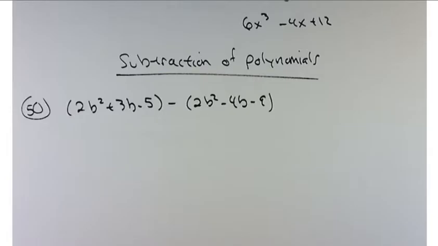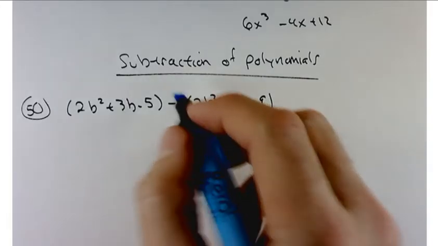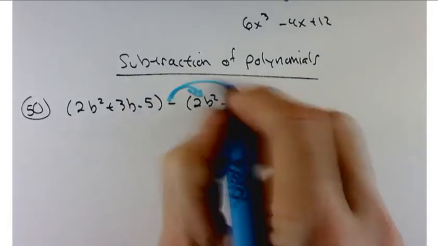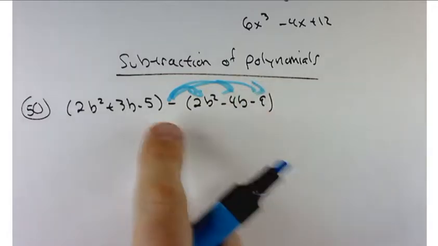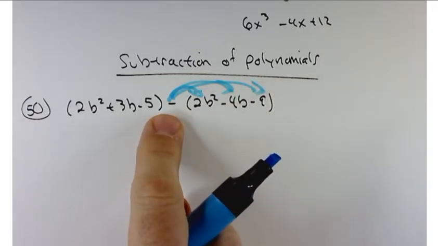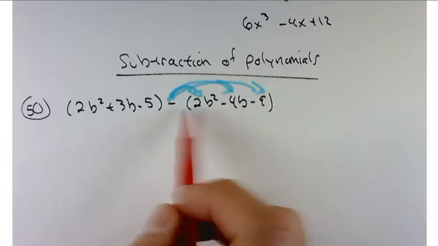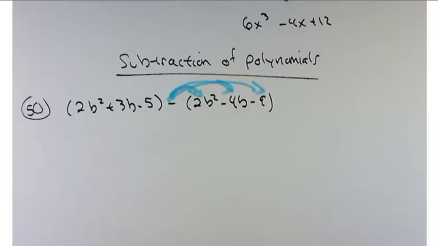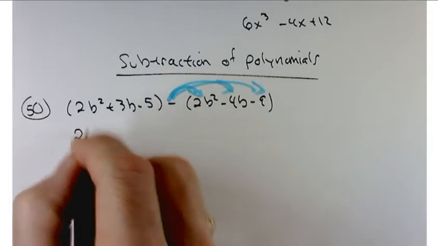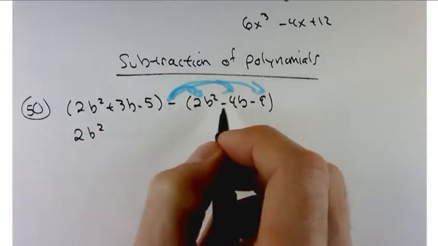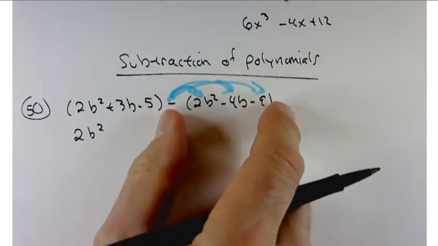The thing about subtraction that I would suggest to you is that the first step would be to just distribute this sign. This is like a negative 1 out in front, so what we're going to do is change all the signs on this term. Yes, sir? Pretty much, yeah. And I'm going to get rid of the parentheses.